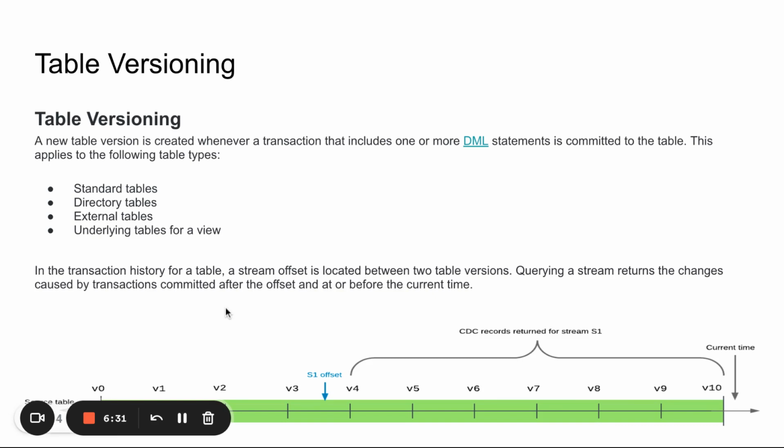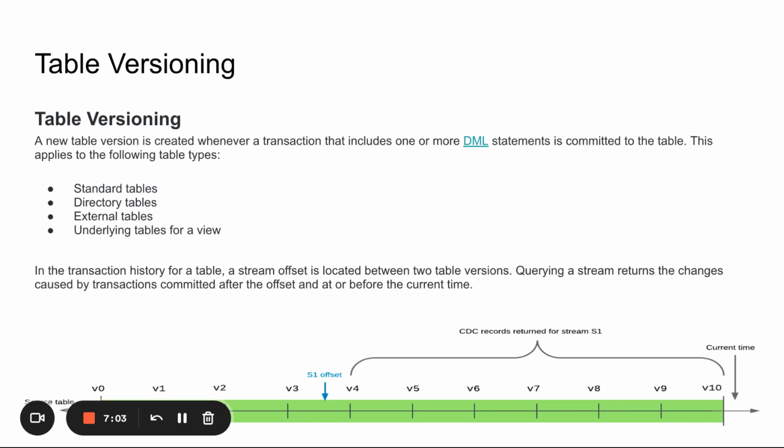One last topic I want to cover as part of streams is offset. A stream doesn't store any data, even though we can query data out of a stream. It only carries the offset, and that offset points to the base table. We can think of the offset as a bookmark in a book.